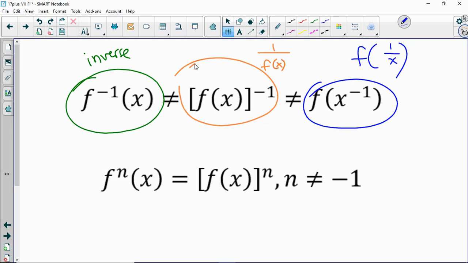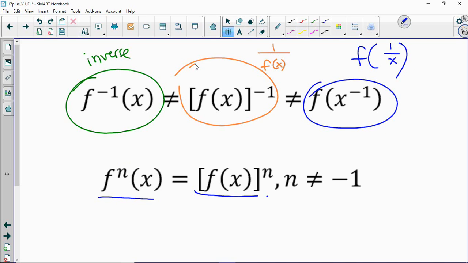Generally speaking, when we have f n of x like this, that generally does mean the same thing as f of x to the power of n, except when n is equal to negative 1. When n is equal to negative 1, this one means an inverse, this one means a reciprocal.